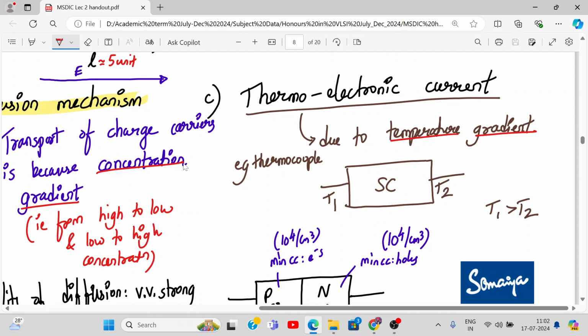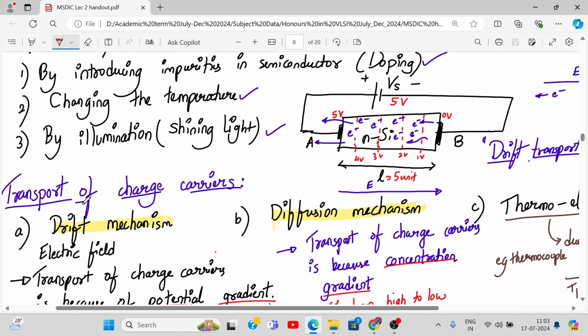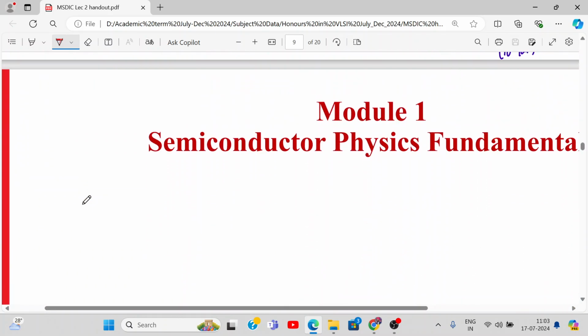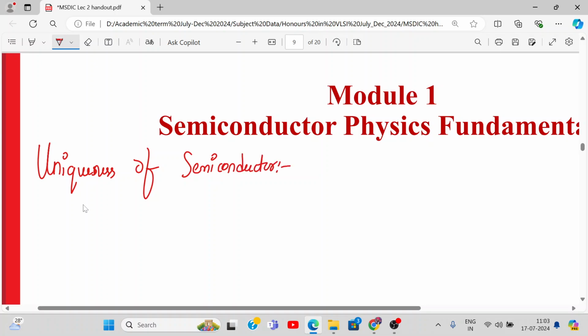Now, have you all understood all the three transport mechanisms briefly? Yes, no? Okay. Now that is the uniqueness, the property which we are after. The uniqueness of semiconductors is that all the three mechanisms of transport exist.